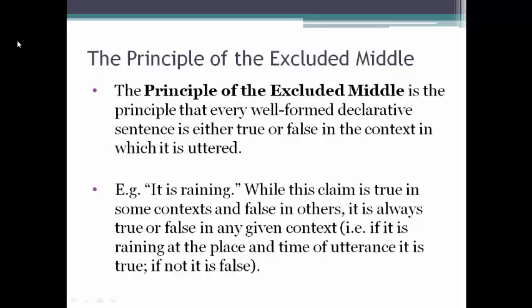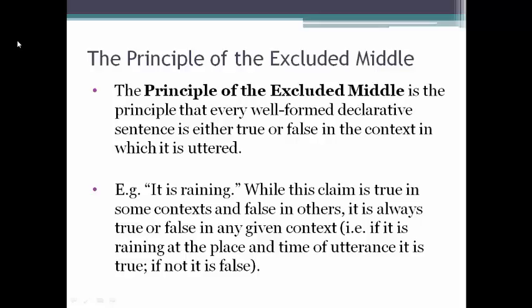While this claim is true in some contexts and false in others, it is always true or false in any given context. So the principle of the excluded middle doesn't claim that the truth value can't change depending on a change in context. It's just claiming that when a well-formed declarative sentence is spoken or written or otherwise uttered, it's going to be true or false in that context.